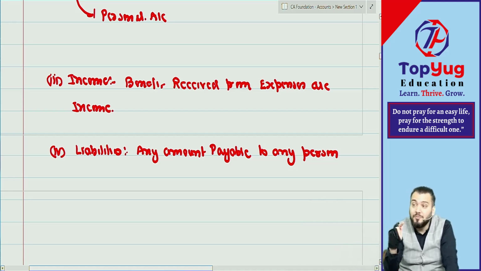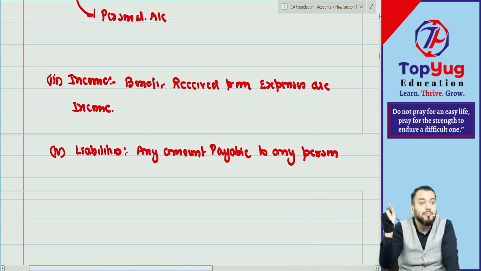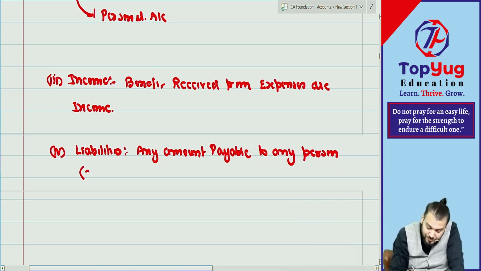Understood? So if Ram and Company will pay some amount to Ram, then it is capital. But if Ram and Company will pay some amount to Shyam, then it is what? Liability. Understood? So any amount payable to any person other than owner are liabilities.